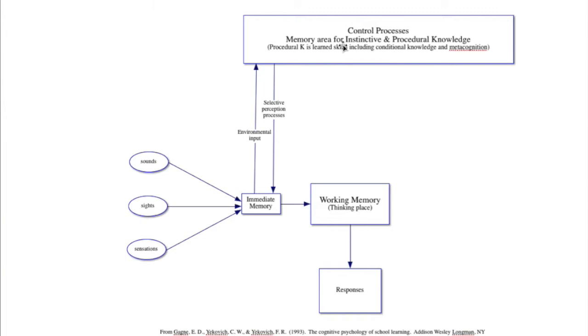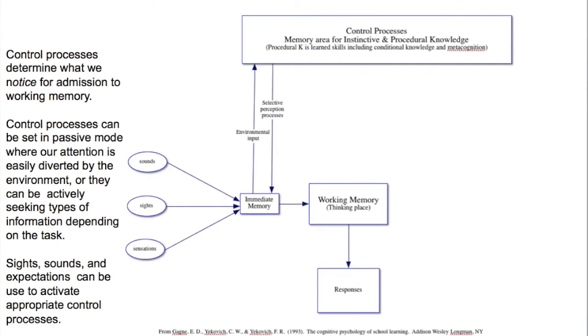For example, if a bee lands on my neck and stings it, I'm going to slap my neck right away. I'm not going to have to think about that. That's an immediate response from my control process, and it goes directly out as a response. So in terms of immediate memory, the control processes determine what we notice for admission into working memory.